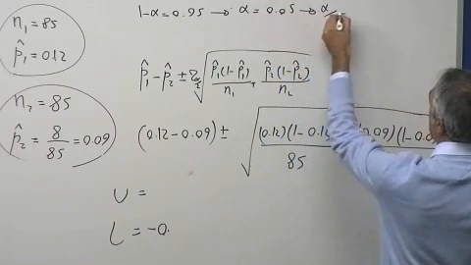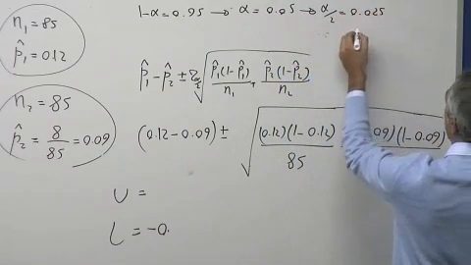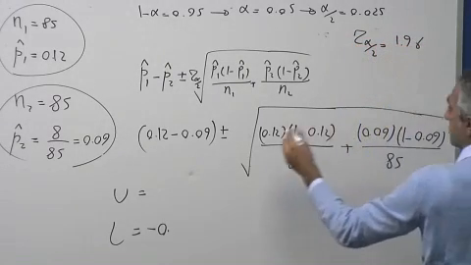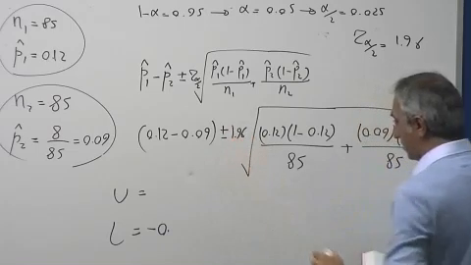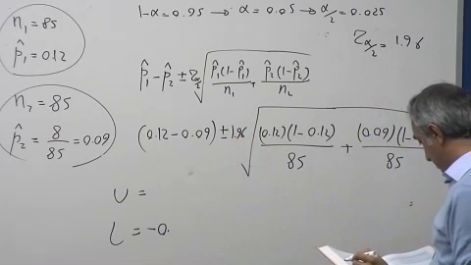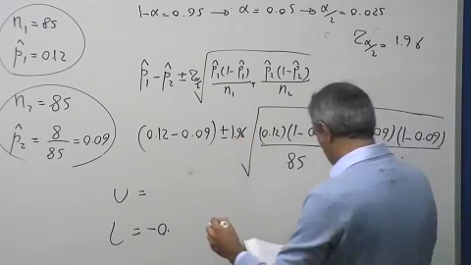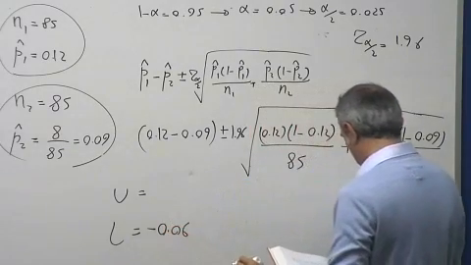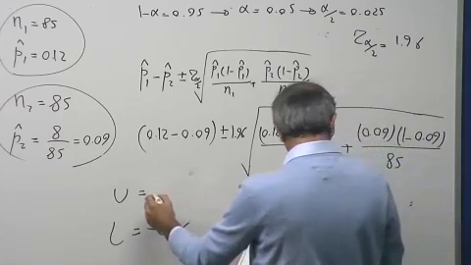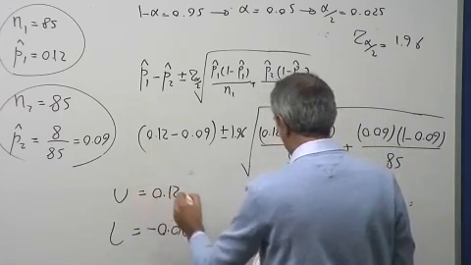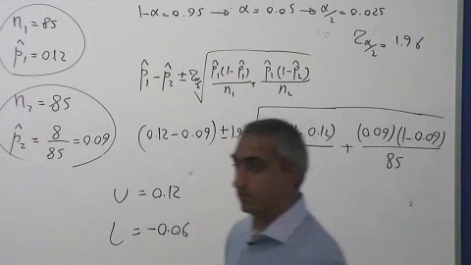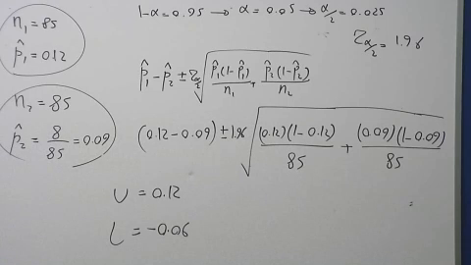Alpha over 2 is 0.025, and z alpha over 2 is 1.96. So it's 1.96 here. And if you calculate this, you will get L as negative 0.06, and U is 0.112. Any questions? Is it clear? Just plugging in the numbers.